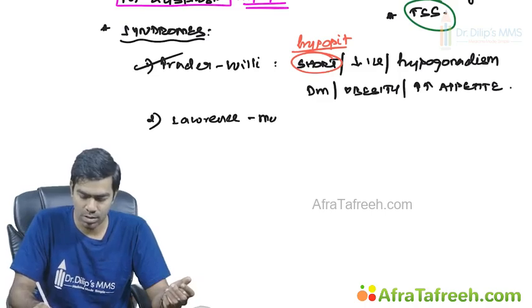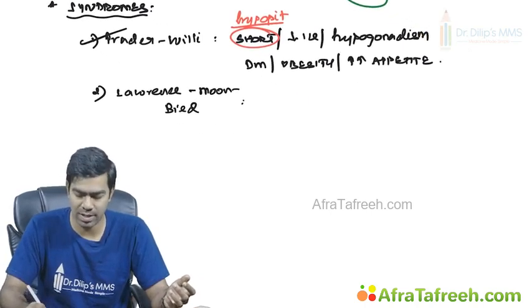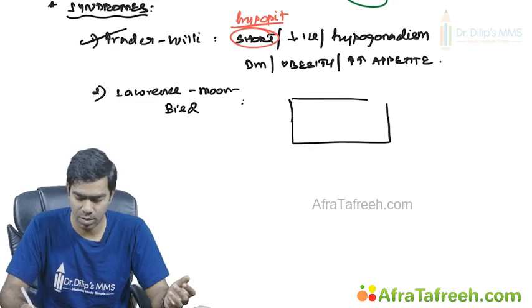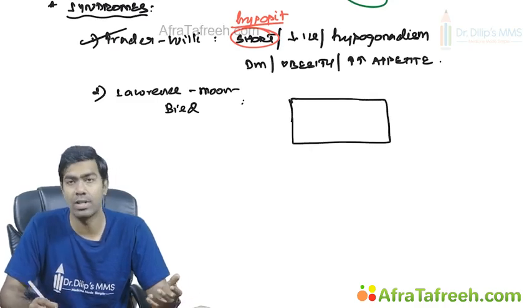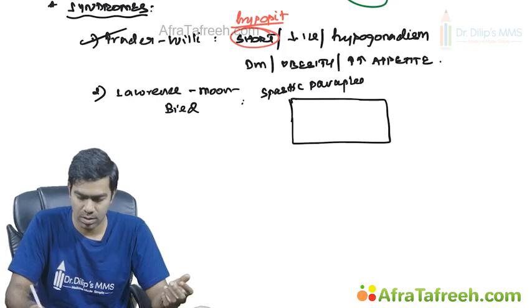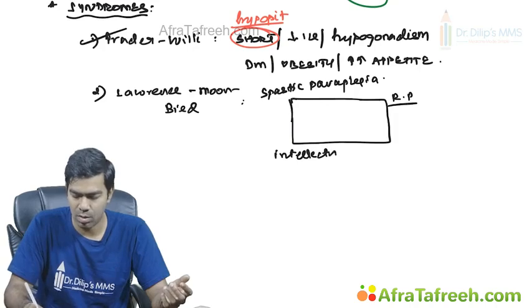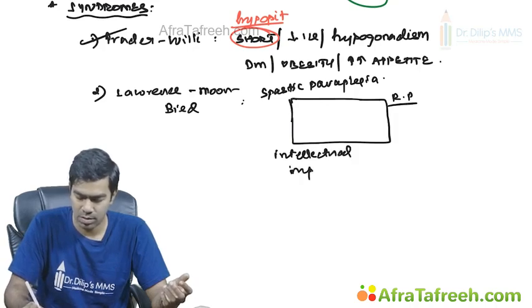And you have Laurence-Moon-Biedl syndrome. This is a very peculiar and interesting syndrome where you have a tetrad of findings. This is very important. What are the tetrad of findings you're going to get in Laurence-Moon-Biedl syndrome? You will get a spastic paraplegia and retinitis pigmentosa, that's RP. Apart from that, they have intellectual impairment, low IQ, and they might have short stature again.